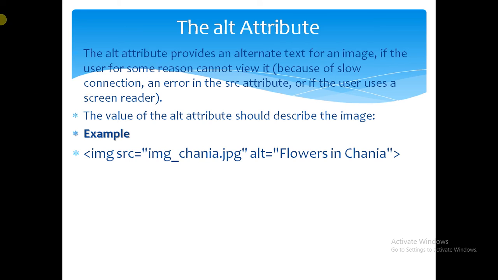Here is an example: img src equals image china.jpg, with the alternative text flowers in China. Whenever we get the output of such an image, we display the flowers in China.